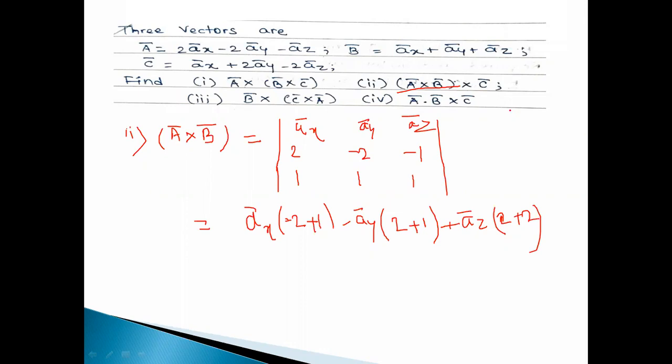Okay, so what is that answer? Minus 2 a bar x plus 2 a bar y plus a bar z. And what about the third? Third, b bar cross c bar: minus 3 a bar x minus 0 a bar y plus 3 a bar z.